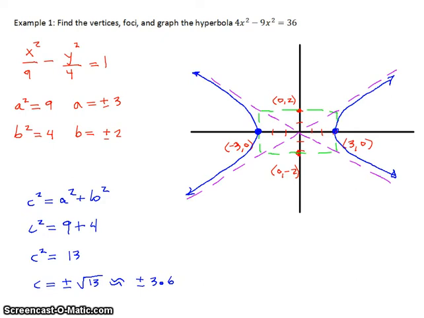And so I found that c is going to give me plus and minus the square root of 13, which is approximately plus and minus 3.6, which will put our focus points in the cup of the parabola. And that means they are right here and here. And so our focus points are at plus and minus square root of 13, 0.